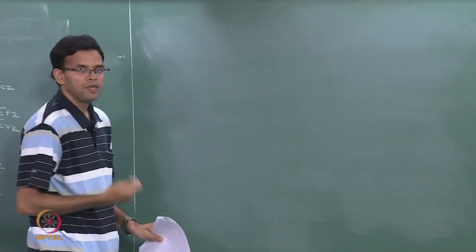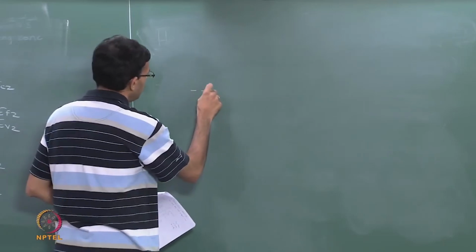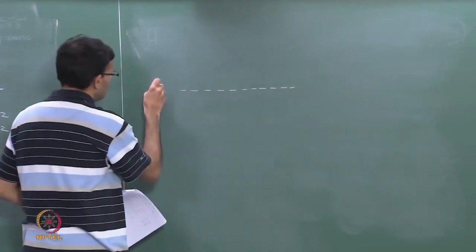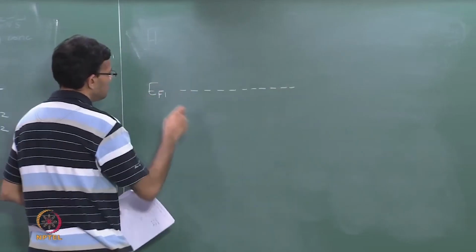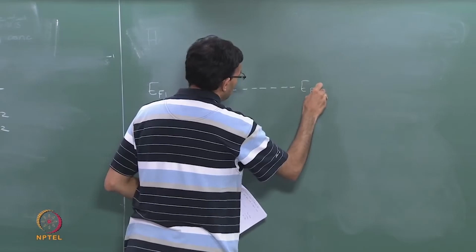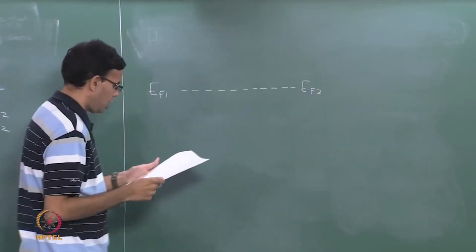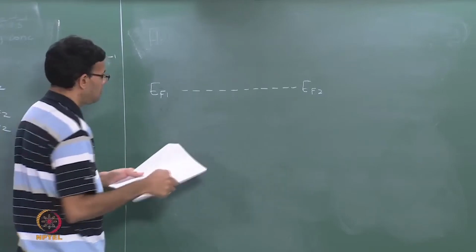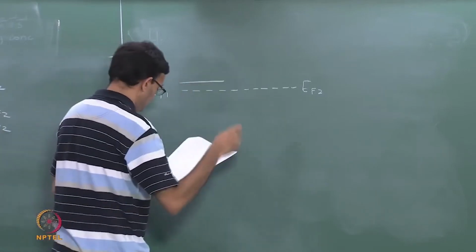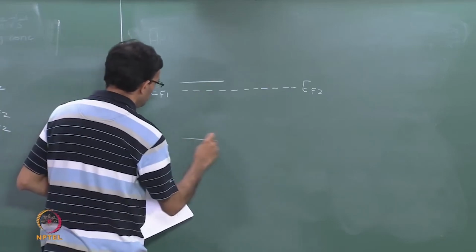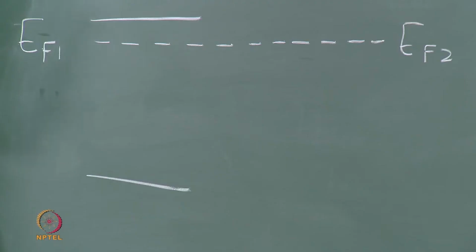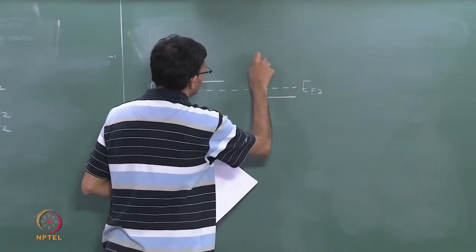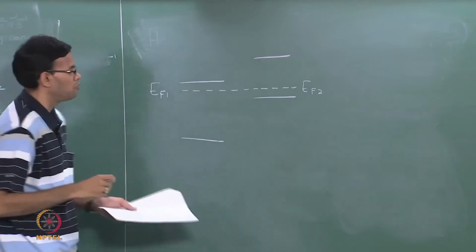So, let me draw the p-n junction. So, the Fermi levels must line up. So, I have EF1 and EF2. So, I have material 1 which is my n-type semiconductor. This is the material with the wider band gap, and then I have my p-type material with the smaller band gap.